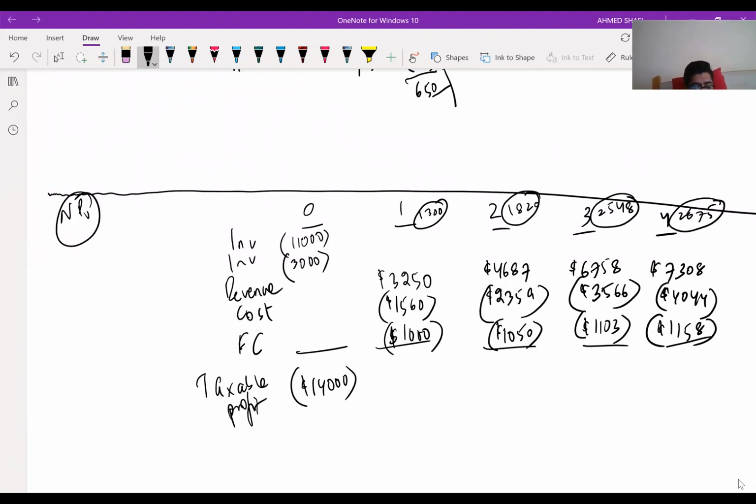Then the sequence may result in answers being slightly different. 1,278. Okay, on this taxable profit, we have to pay tax 25% each year. Year 0, no profits, no tax.